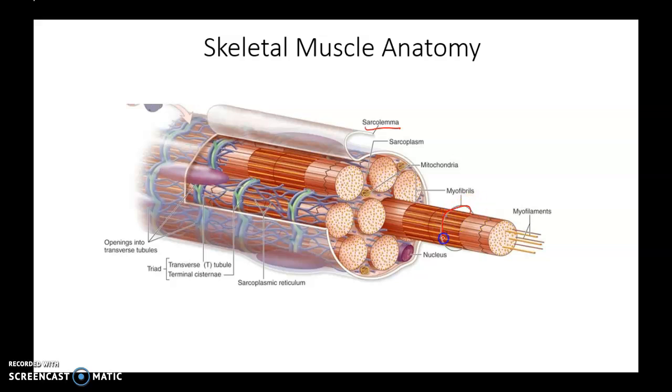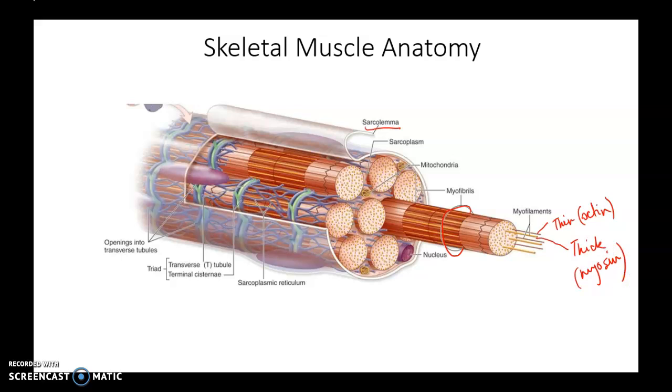So this one is a myofibril, and each myofibril is made up of myofilaments, as we see the yellow and the brown structures. These are myofilaments. We do see a brown colored thin filament which is made up of actin, and then a thick filament in yellow here which is made up of myosin protein.